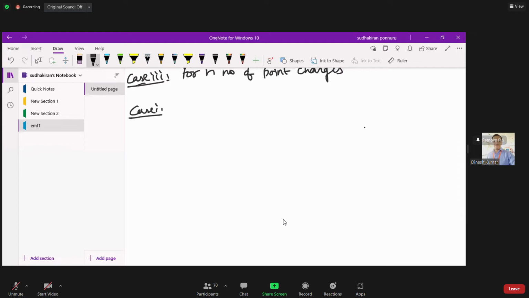Here we have taken one point charge and it is located at origin, and because of that point charge a field is generated around it, and that field will be in the form of a sphere, whose radius is given as small r, and the direction of that radius is given as a_r bar.